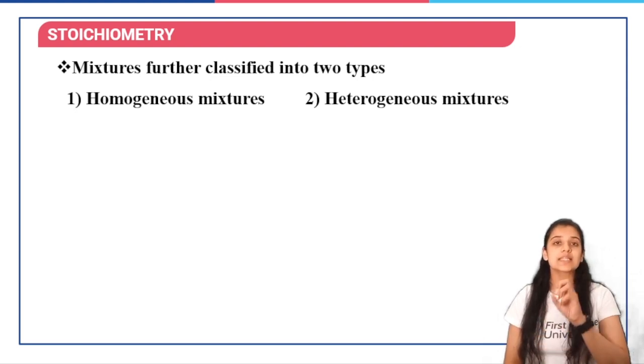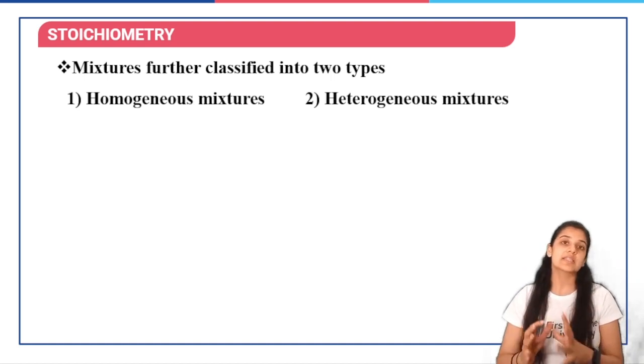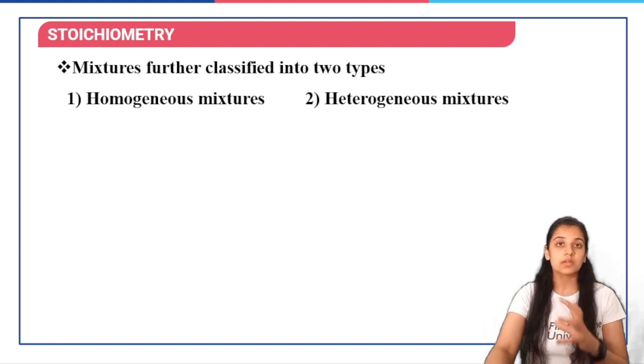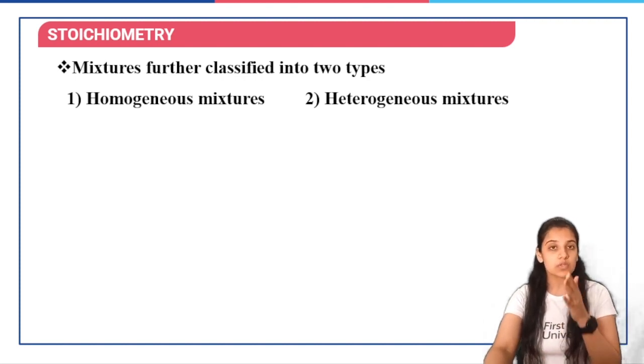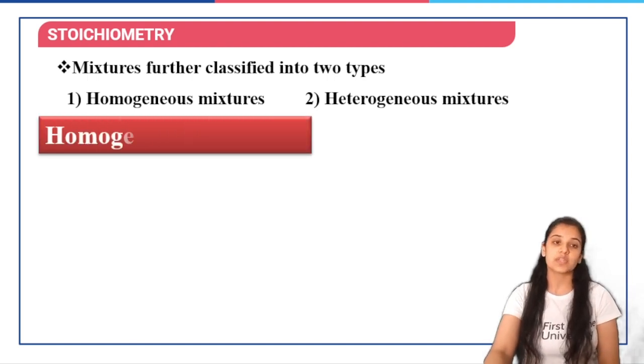But heterogeneous is something that can be easily distinguished on the basis of what we see, in terms of color differences, etc. So this was the layman's definition to help you understand homogeneous and heterogeneous. Let us now talk about the scientific definitions of these terms.